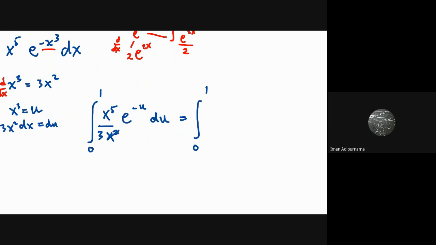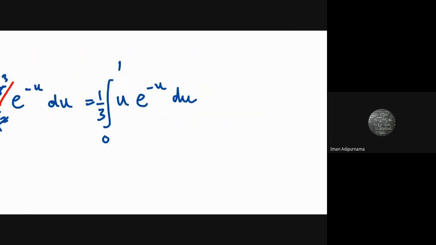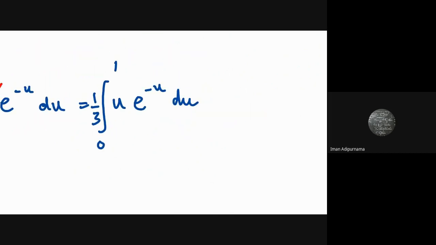The x squared cancels, and this will be 3. X with power of 3 is x squared, right? So this is 1 over 3 times u e to the negative u du. Now this will be relatively easier to integrate by parts.